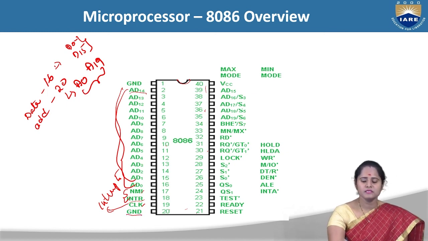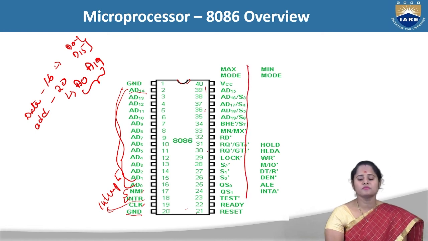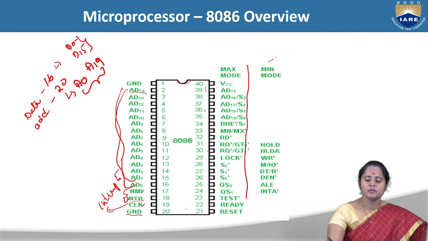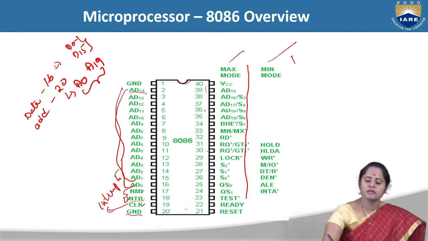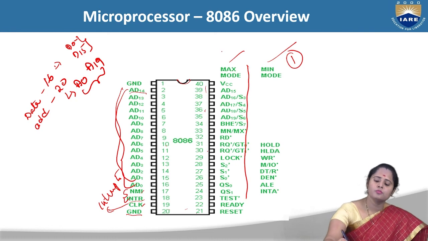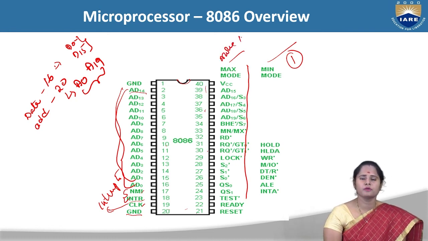As we know, my processor works in two modes, minimum mode and maximum mode. Minimum mode is for connecting a single processor. Maximum mode means you are connecting more than one processor or device to my 8086 processor.